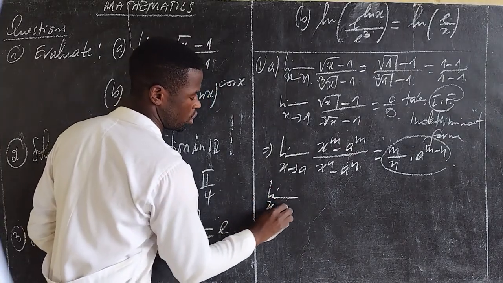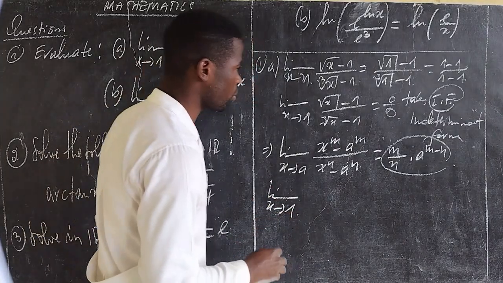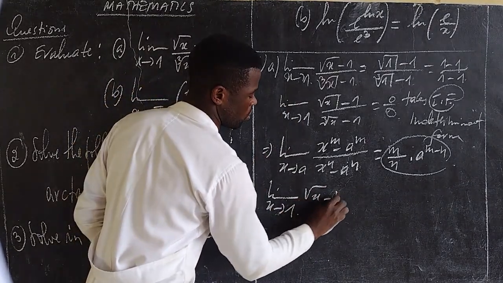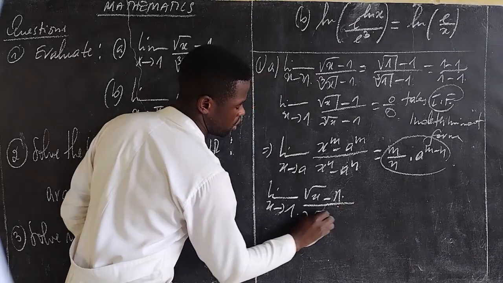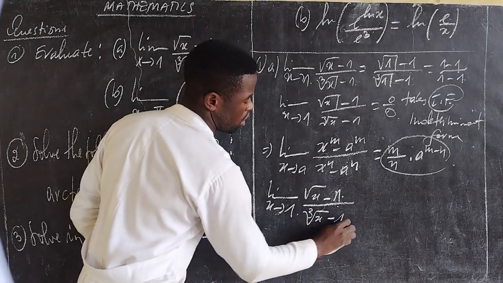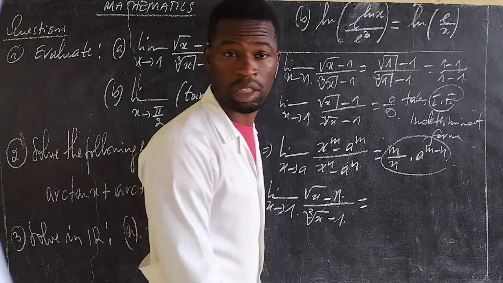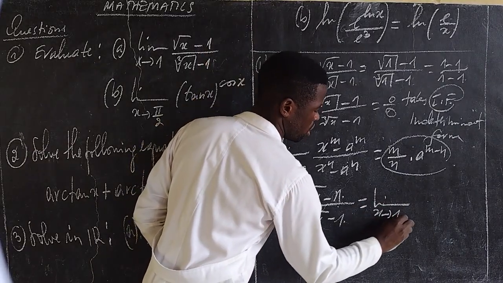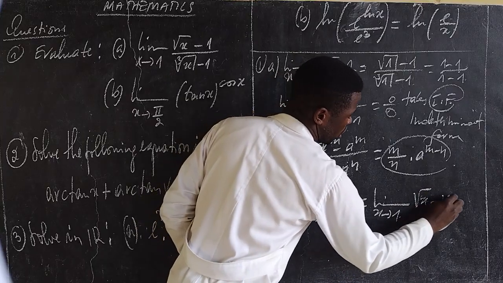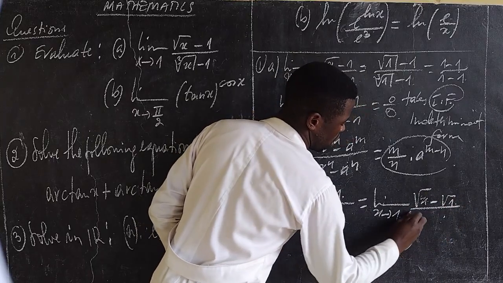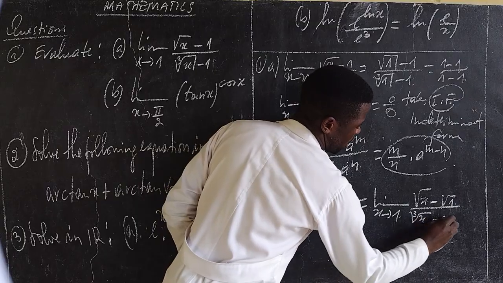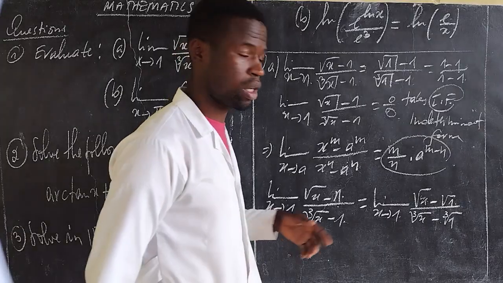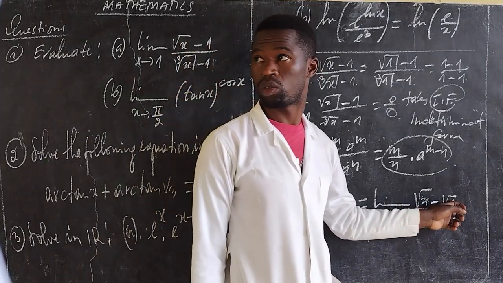The limit as x approaches 1 of the square root of x minus 1 over the cube root of x minus 1 is the same as the limit as x approaches 1 of the square root of x minus the square root of 1 over the cube root of x minus the cube root of 1. This is the same, okay? Because the root of 1 is equal to 1.